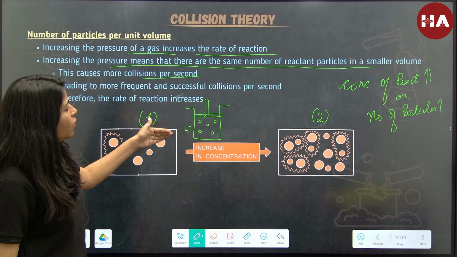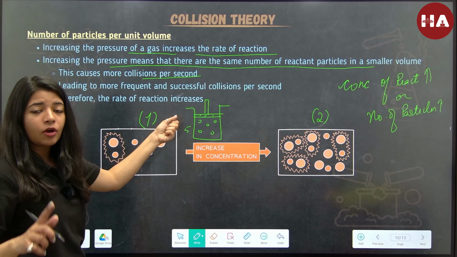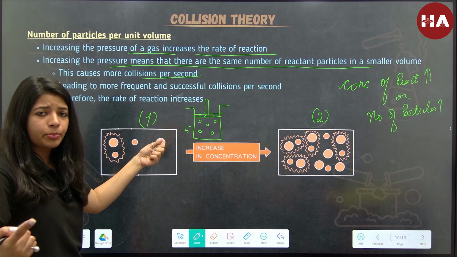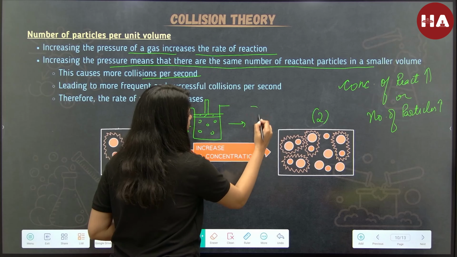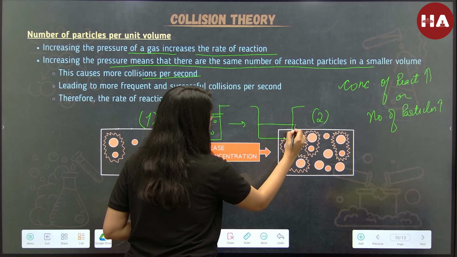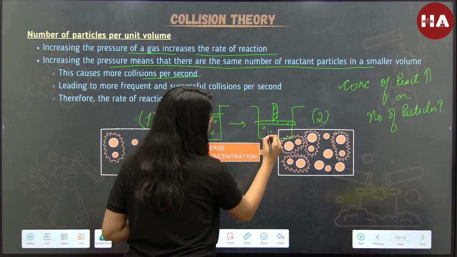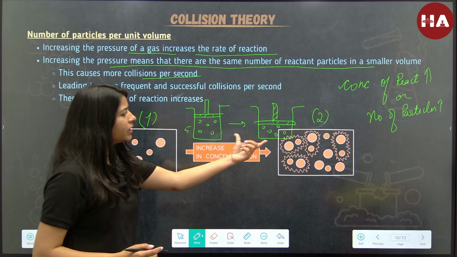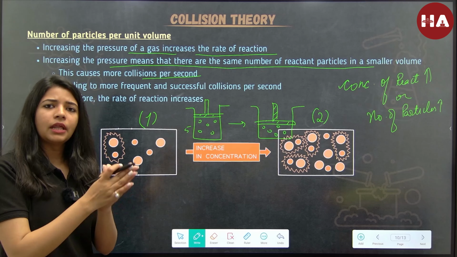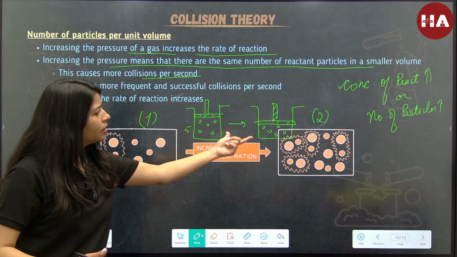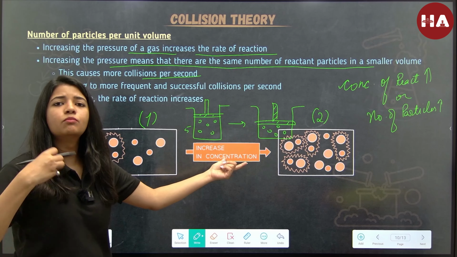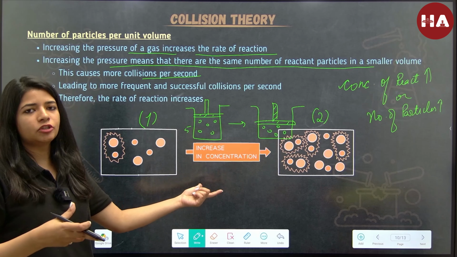Now if I push the piston, or I apply the pressure, and the piston is now over here, the number of particles remains the same, which is 5, but now they are in a smaller space, so there is more chance of them colliding with each other, right?